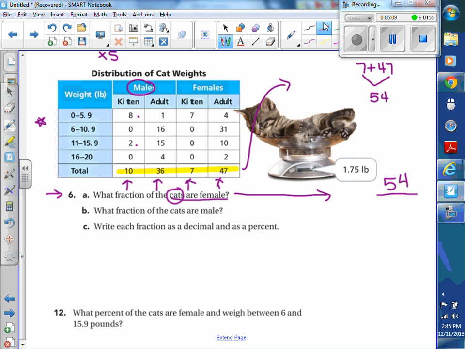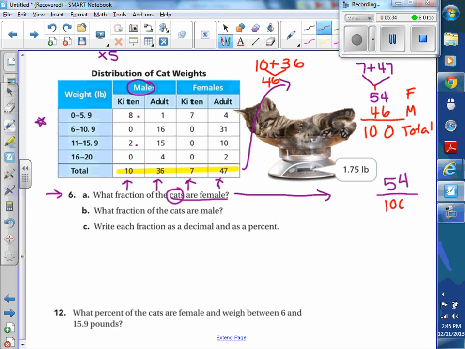I was accidentally misunderstanding your process. So you want to do 10 plus 36. How about we get the male cats? That's 46. So 54 plus 46. These are the females, these are the males. All together we have 100. So it's 54 out of 100.